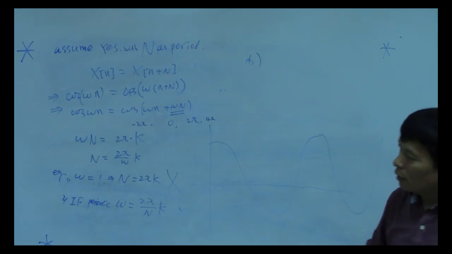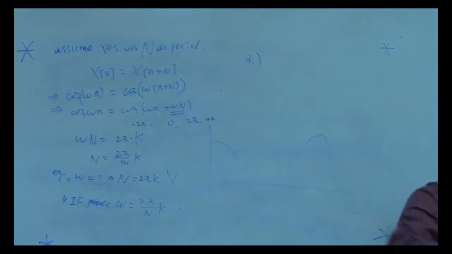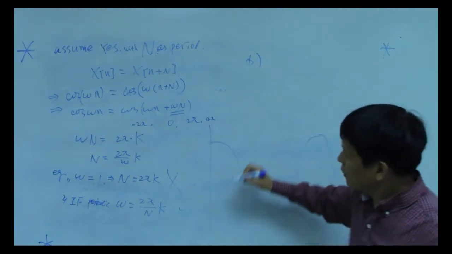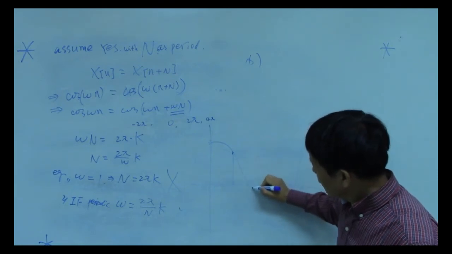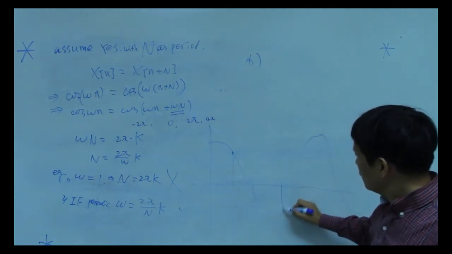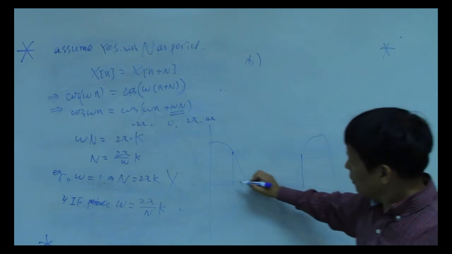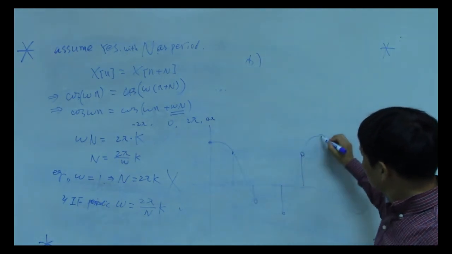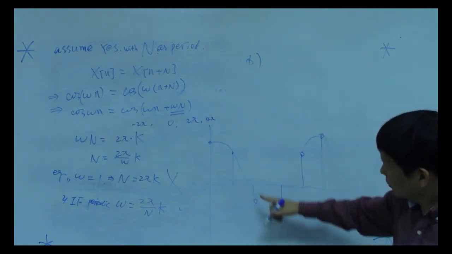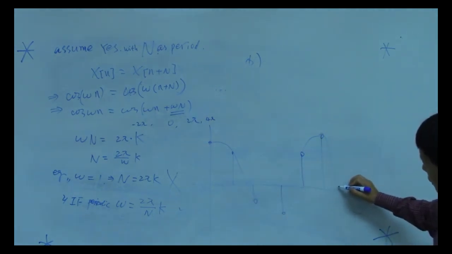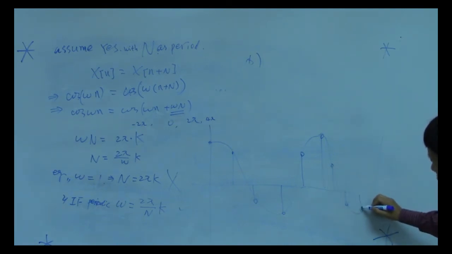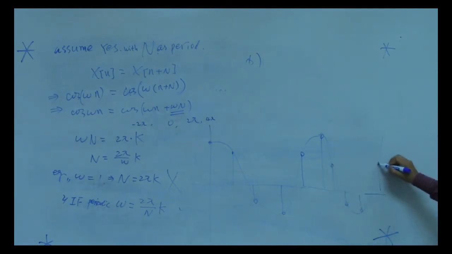Remember at the very beginning, this is a discrete system with a discrete signal, so it must be sampled. Suppose I sample one here, the next one here, the next one here, and everything looks good so far. 1, 2, 3, 4, 5, 6, then the next one is here, and so on.